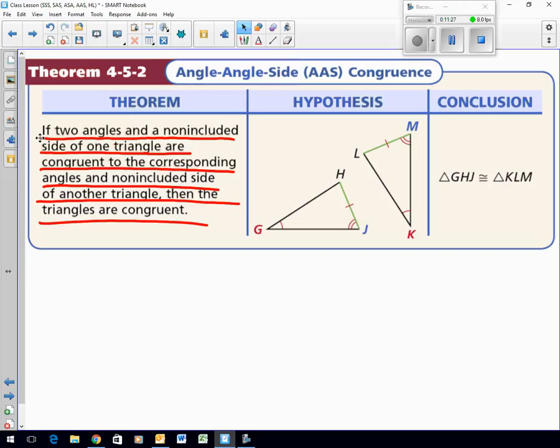Side HJ and side LM are not between the congruent angles. They are non-included sides, but I have this postulate, angle angle side, which leads me to conclude that the two triangles are congruent.